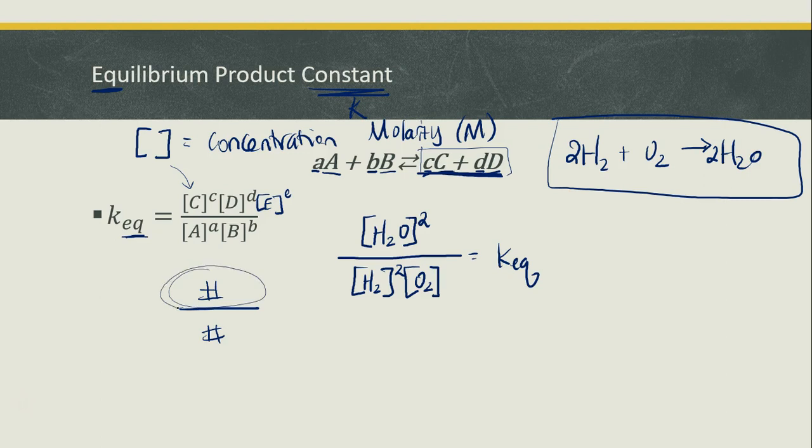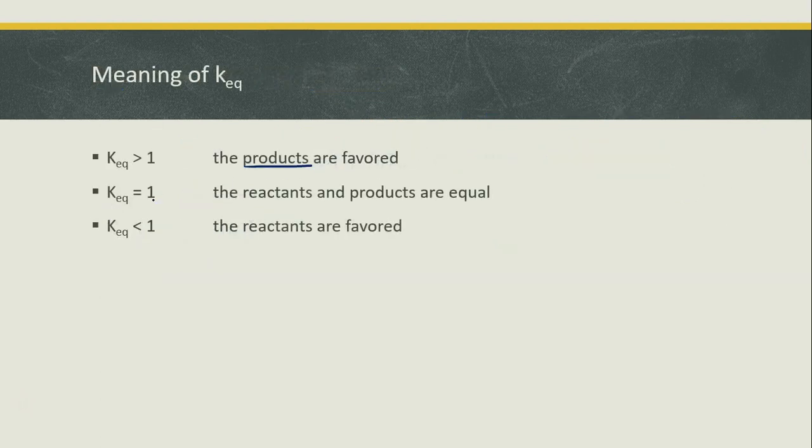That means that the things on top happen more often. Likewise, if KEQ is equal to 1, that means that they're equal, because again, it's a fraction. For a fraction to equal 1, the top and the bottom have to be exactly the same. The way we could draw it is, if the top one is big and the bottom number is small, it'll be greater than 1. Well, what if it's less than 1?